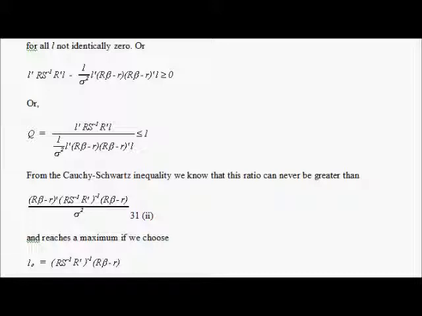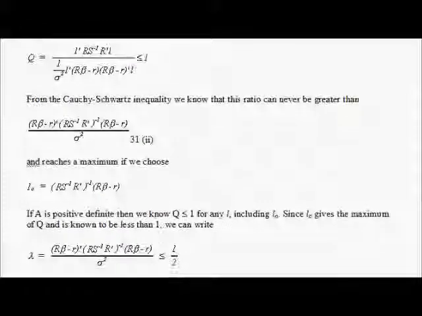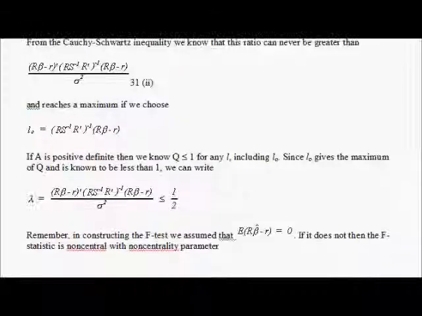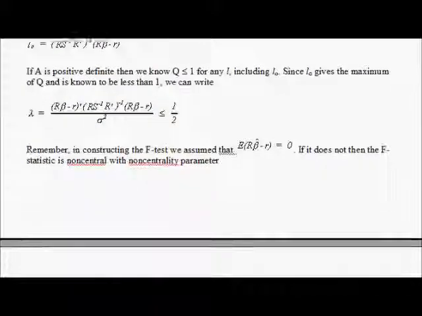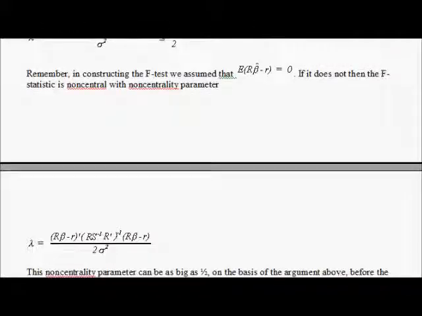So the way we construct the test is we decide a level on which we want to conduct the test, like 10%. We construct a lambda hat, we construct our garden variety F test, and we get out a set of F tables with a non-centrality parameter of a half, because we know that for sure, if OLS is better, it's going to belong to a distribution that has a non-centrality parameter smaller than a half.